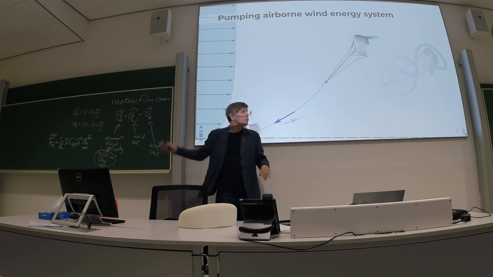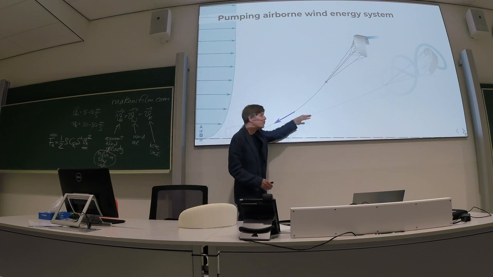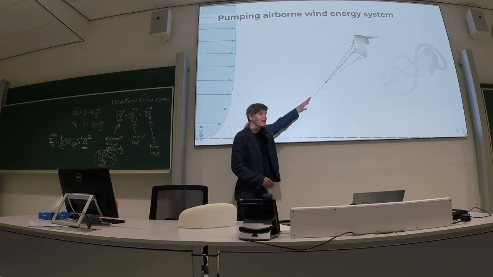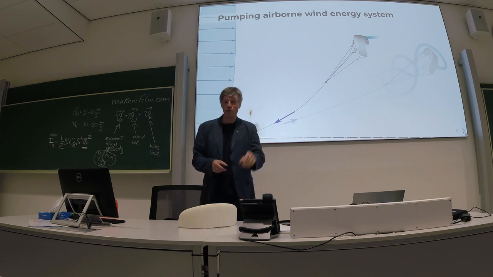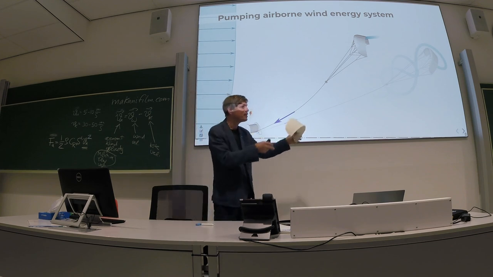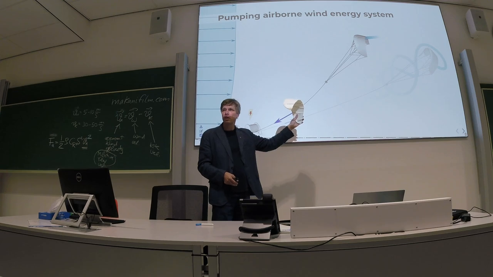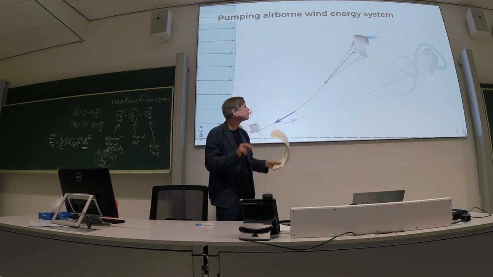Because of what I explained now, the force during reel out is a lot higher than during reel in, because we stop the motion of the kite. We do one additional thing, which I forgot to mention: we depower the kite additionally. We rotate it, we pitch it down.